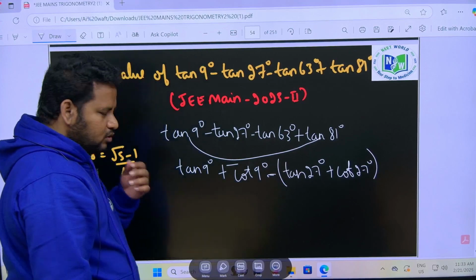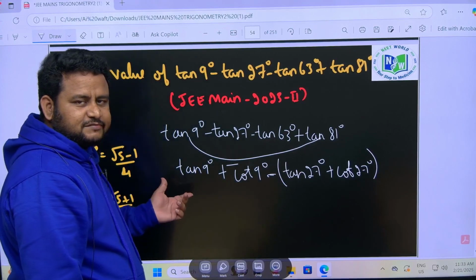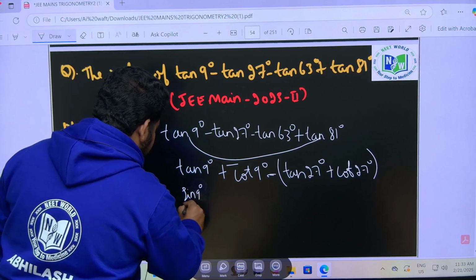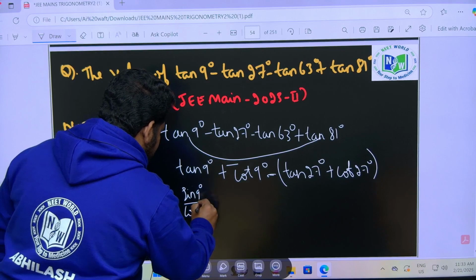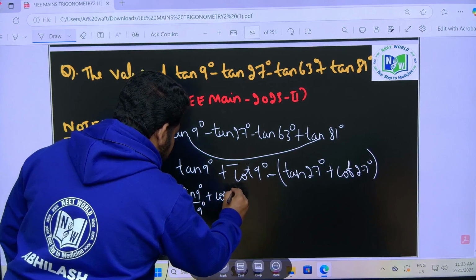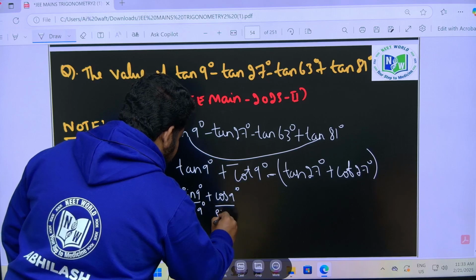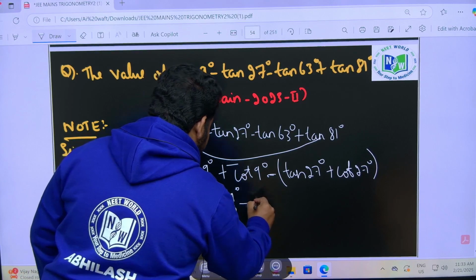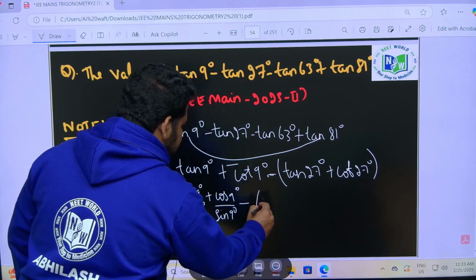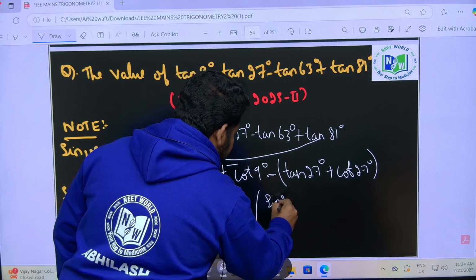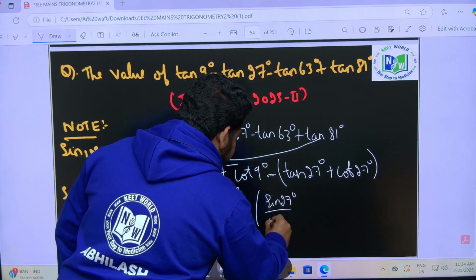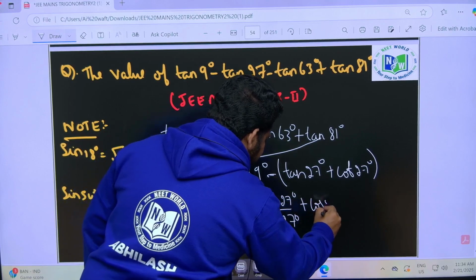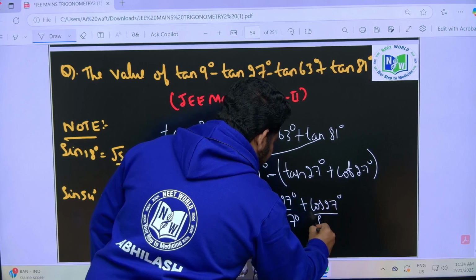So let me convert them in terms of sin and cos. Tan 9 degree is sin 9 by cos 9. This will be cos 9 by sin 9. Minus, let me put a bracket, this will be sin 27 by cos 27. This will be cos 27 by sin 27.